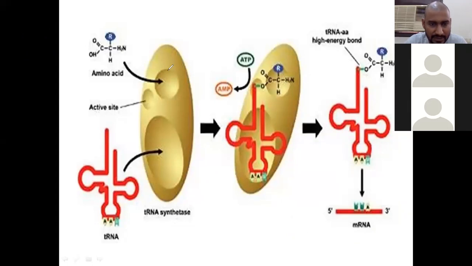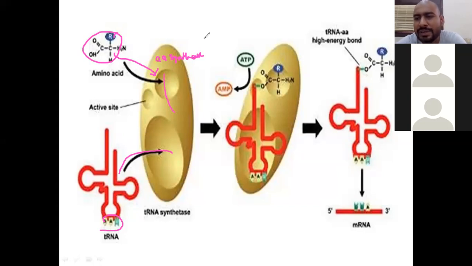This is the enzyme, and the name of the enzyme is aminoacyl synthetase. This is the big enzyme. Now the amino acid will come and bind here, and this is the active site. The tRNA molecule will also come. Both bind.